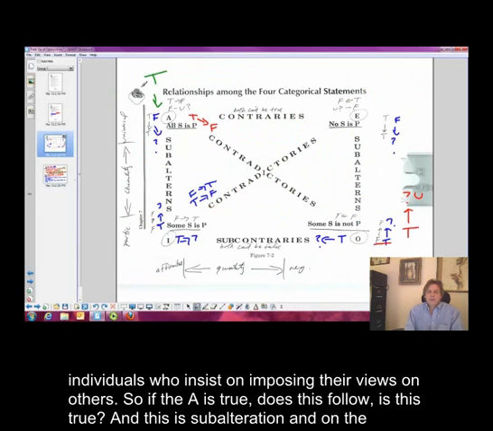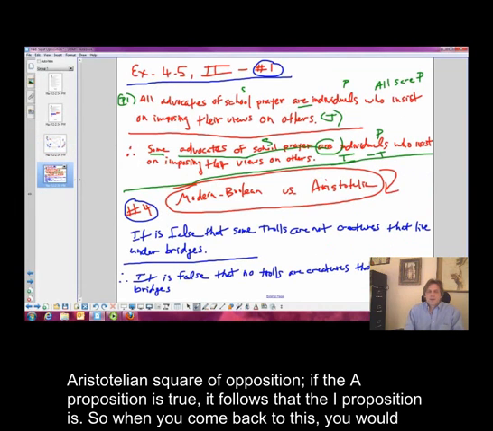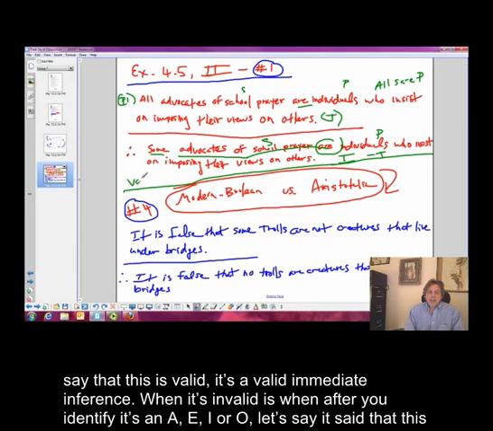So if all advocates are true, the A is true, does this follow? Is this true? And this is subalteration. And on the Aristotelian square of opposition, if the A proposition is true, it follows that the I proposition is. So when you come back to this, you would say that this is valid. It's a valid immediate inference.